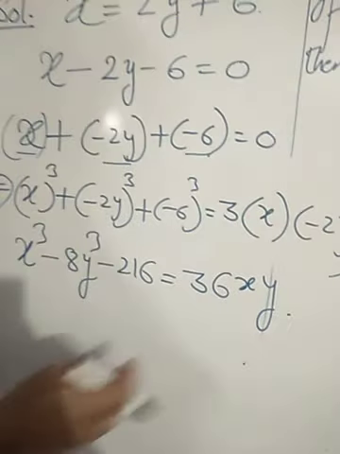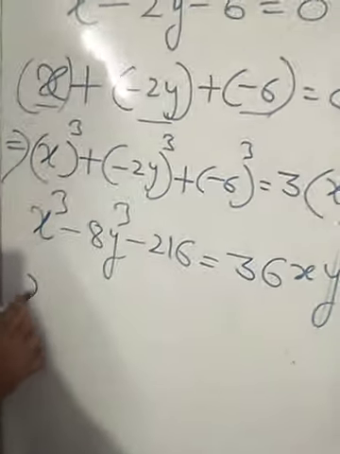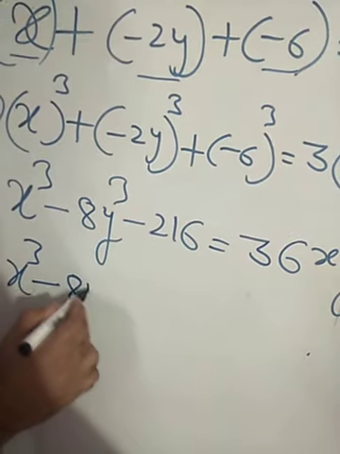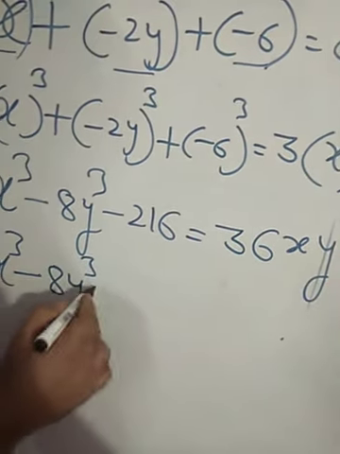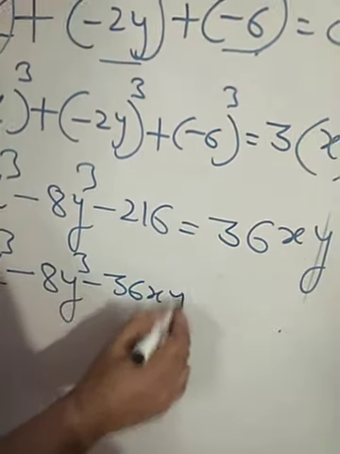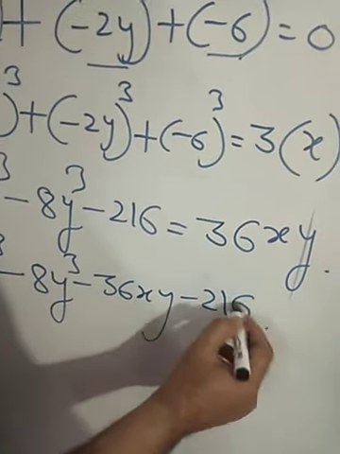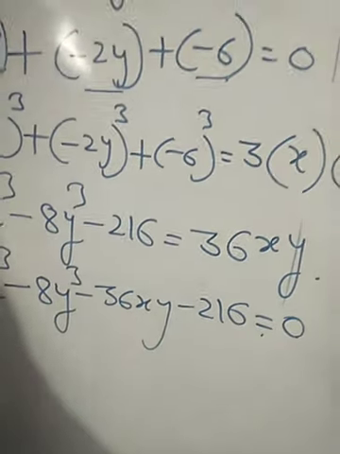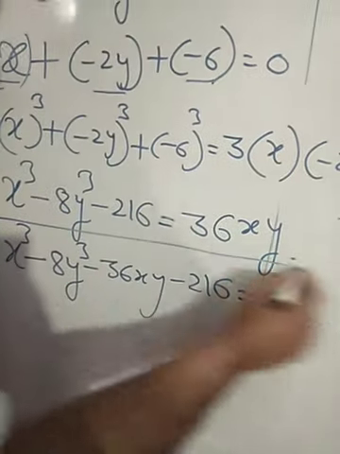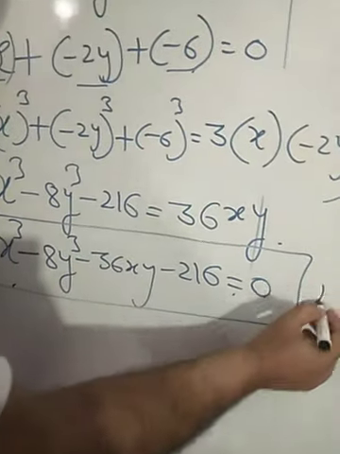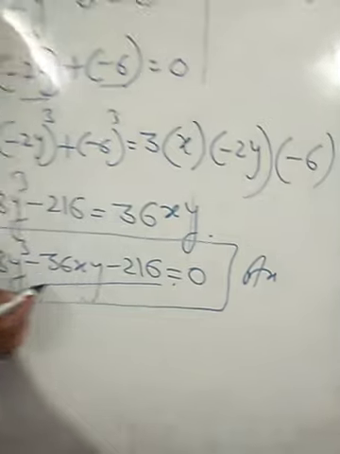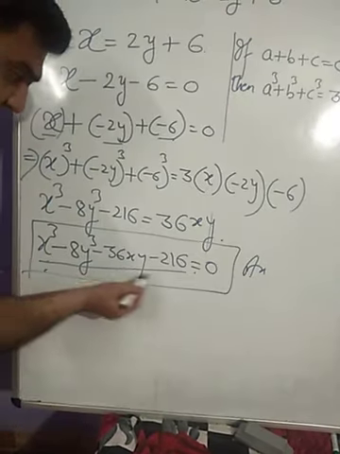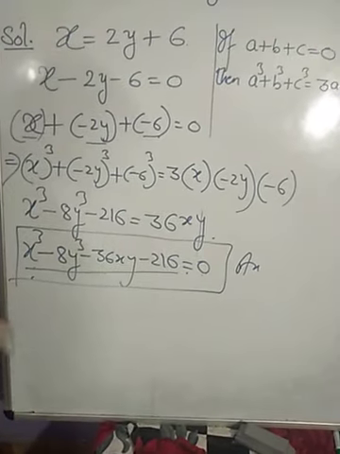Now take this 36xy to this side, minus 36xy, and this one minus 216. What is it coming equal to? 0 again, just like the previous question. We were asked to find the value of this expression. It is coming 0.